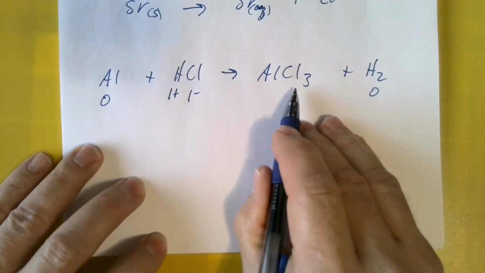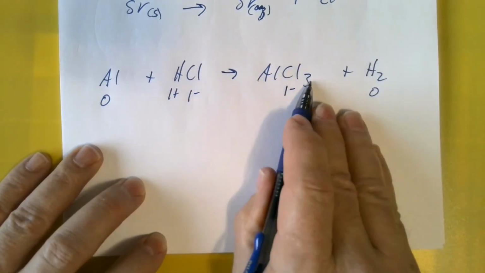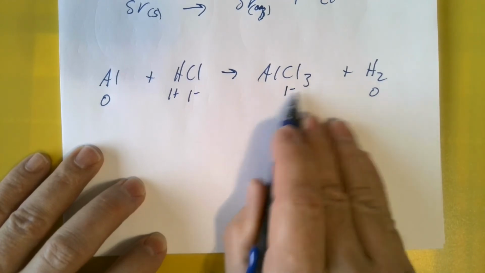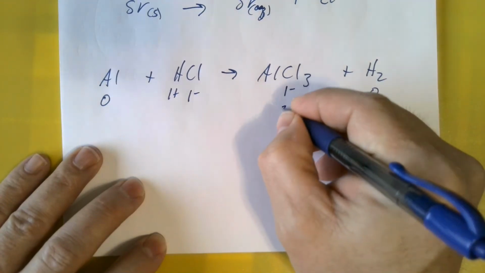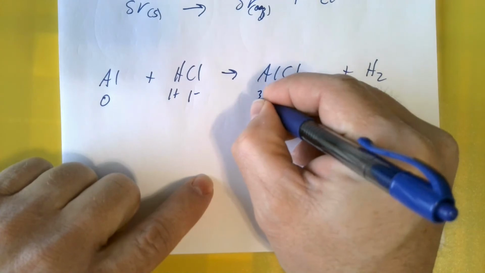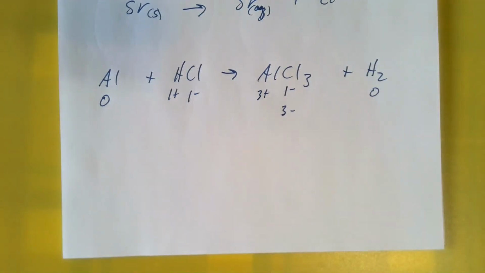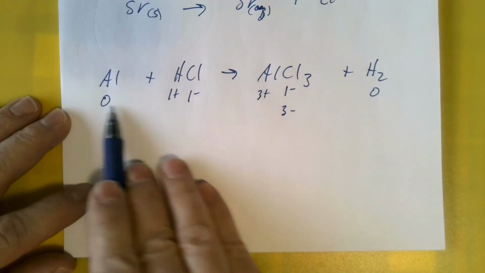I come over here. Cl is still a 1 minus, but there's now 3 of them, which gives me a net 3 negative, which means my aluminum has to be a net 3 positive, right? So my aluminum went from a 0 to a 3 positive.